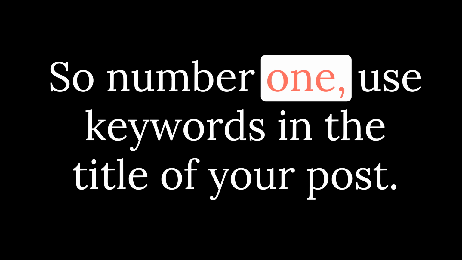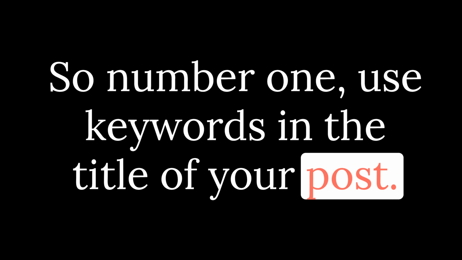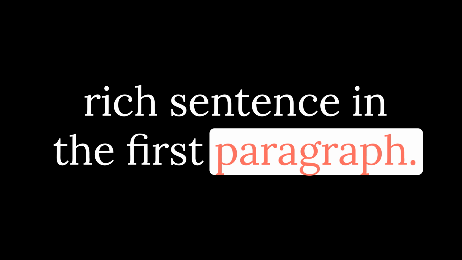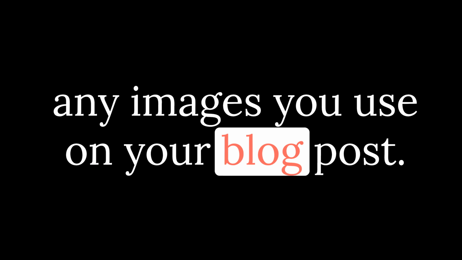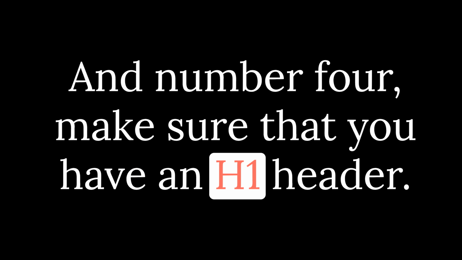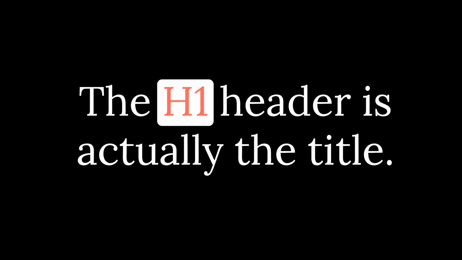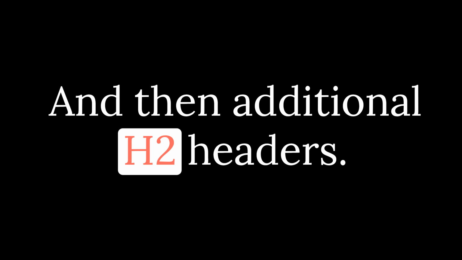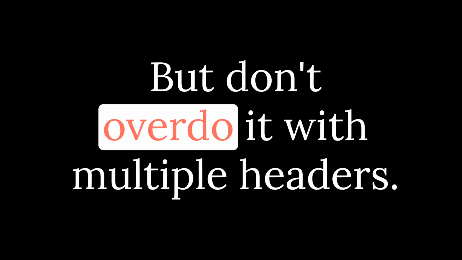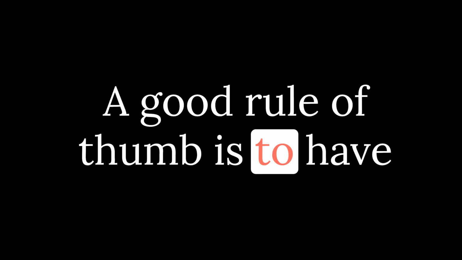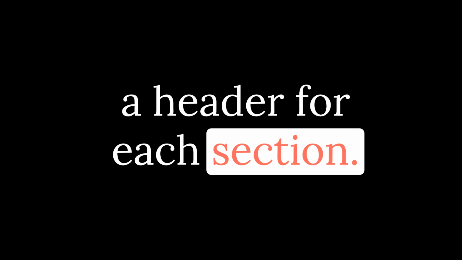So, number one, use keywords in the title of your post. Number two, include a keyword rich sentence in the first paragraph. Number three, add some keywords to any images you use on your blog post. And number four, make sure that you have an H1 header. The H1 header is actually the title, and then additional H2 headers, but don't overdo it with multiple headers. A good rule of thumb is to have a header for each section.